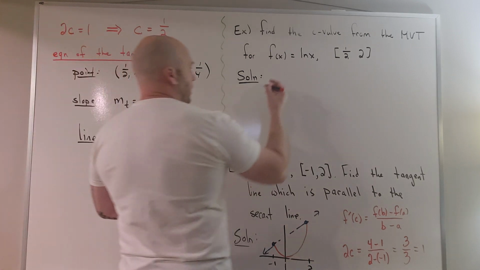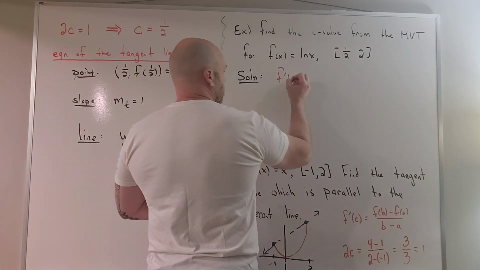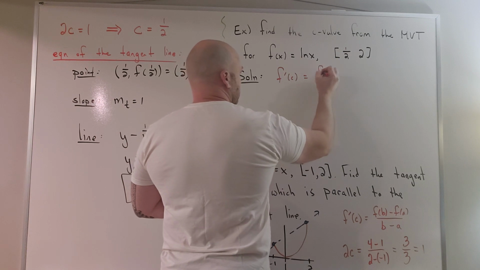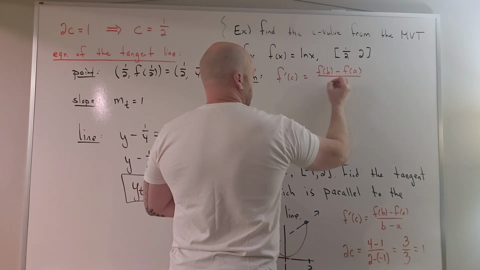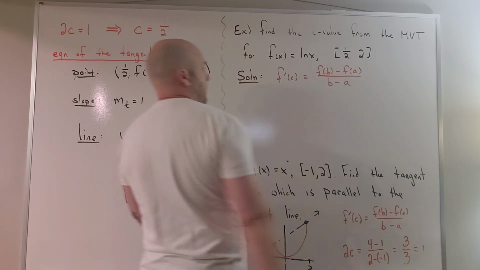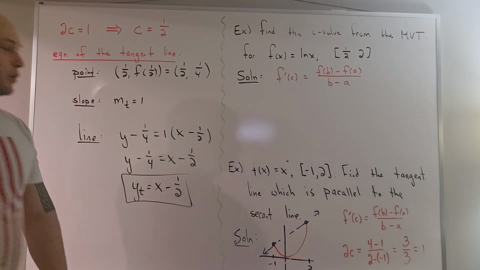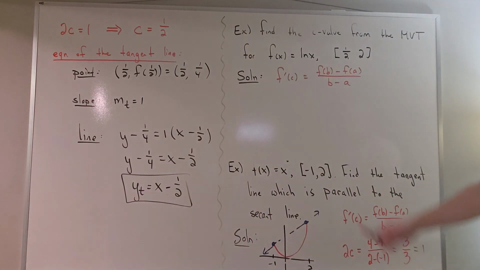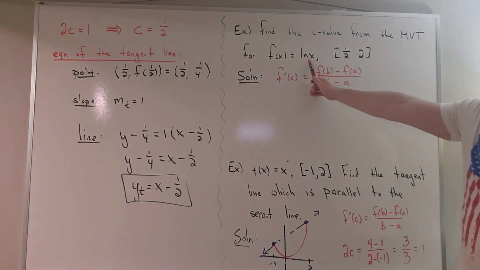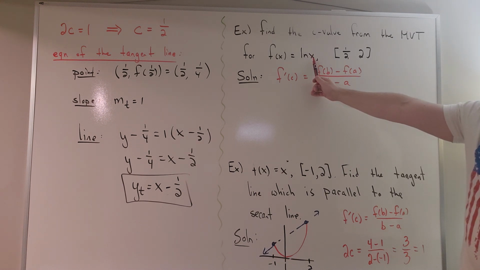Once again, we set up the following. Okay, the derivative is equal to the slope of the secant line. Of course, the derivative of the natural log is the reciprocal of the argument.